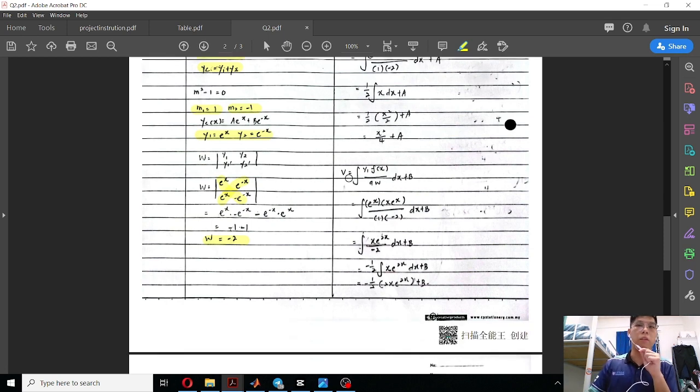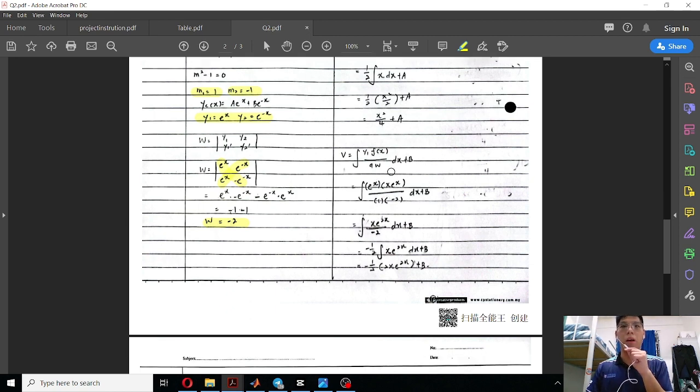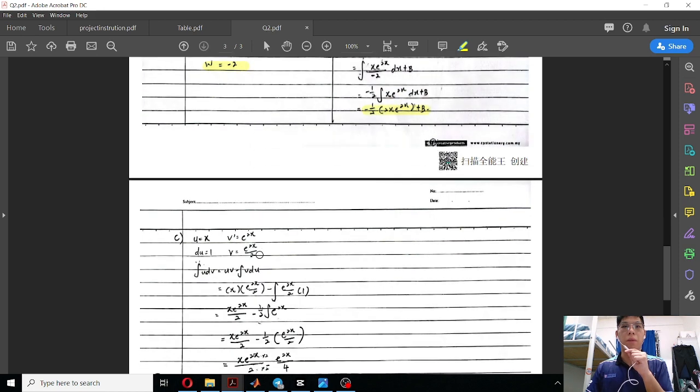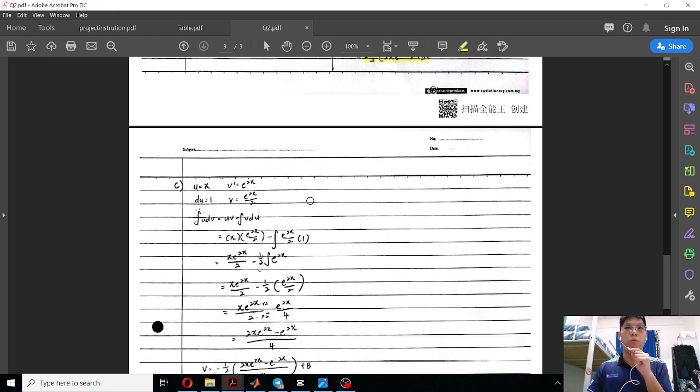And for the value of v, we need to use the equation integral of y1 multiplied by f(x) over W dx plus b. So we also substitute the values that we have into this equation, and we need to use integration by parts to find the value of v.